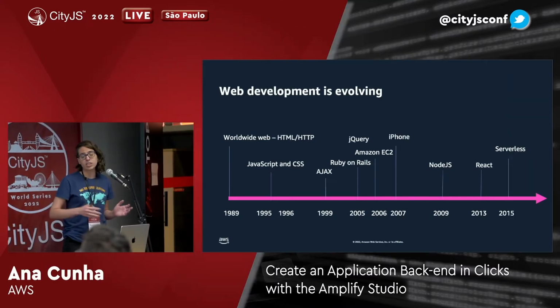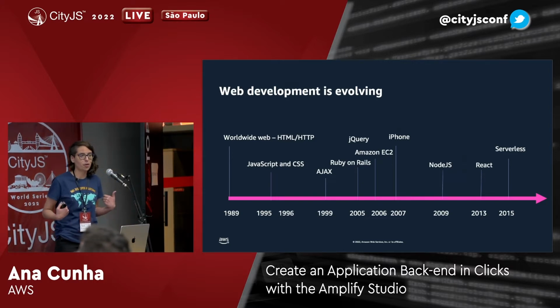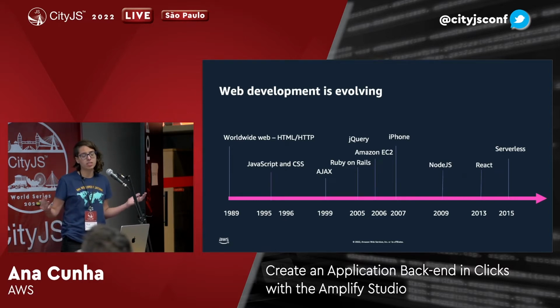Ruby on Rails facilitated application creation, generating code automatically for us. And I put Amazon EC2 here, because cloud computing helped us, developers and companies, to have web applications much more easily, without buying servers and waiting for them to arrive.